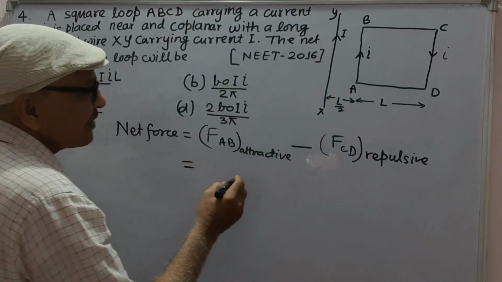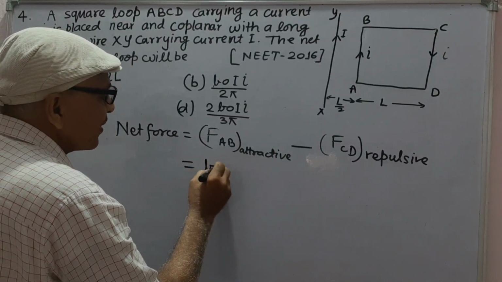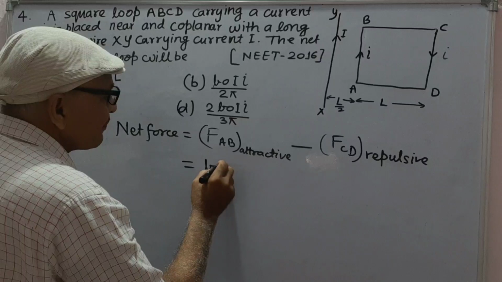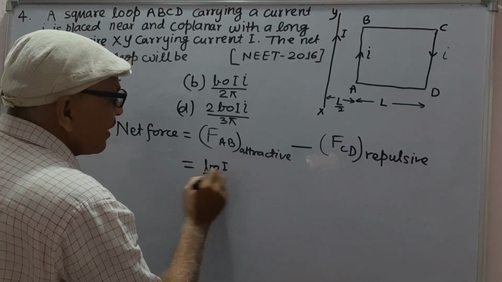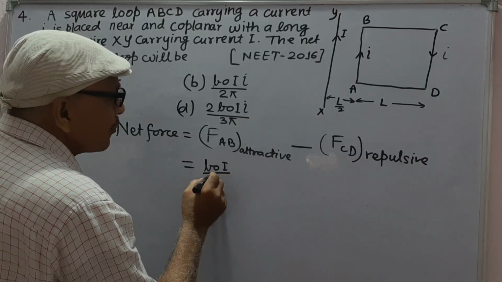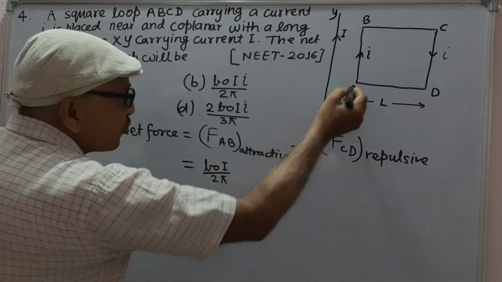Now the values will be mu naught I upon 2 pi into this distance.